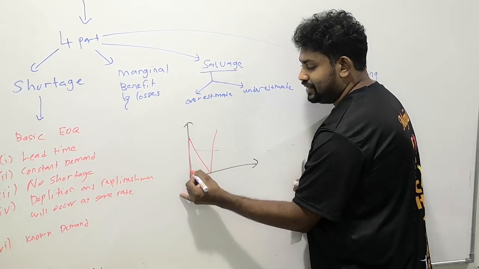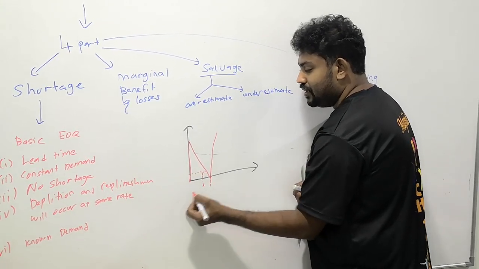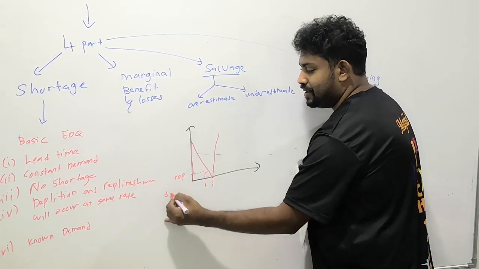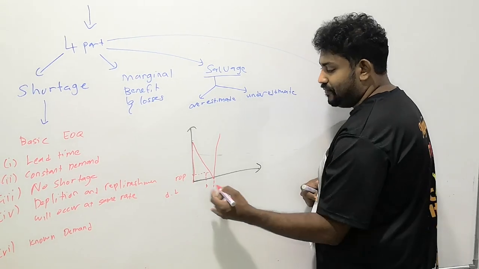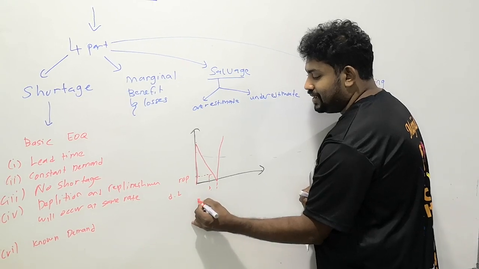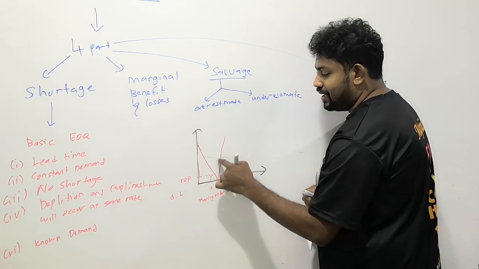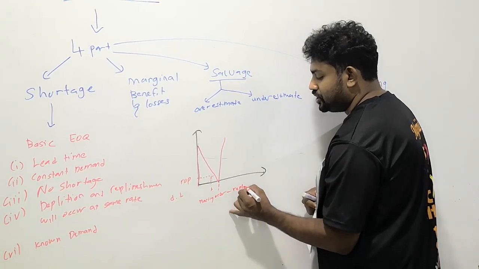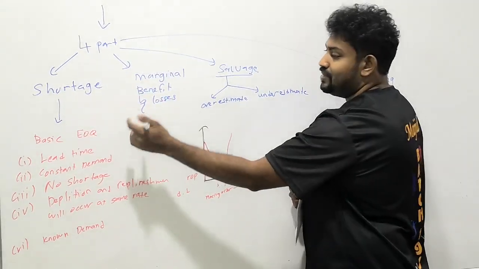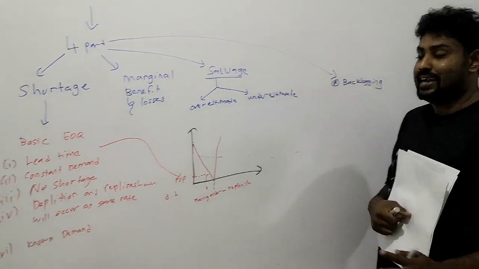When we replenish at that time, we are going to have our ROP, where ROP will be demand times lead time, where lead time means the time taken from when you start placing an order to the time it arrives and replenishes. And we know previously we have a lead time. But in this case, we are going to have a new concept of zero lead time.